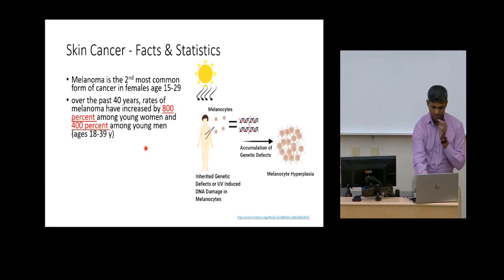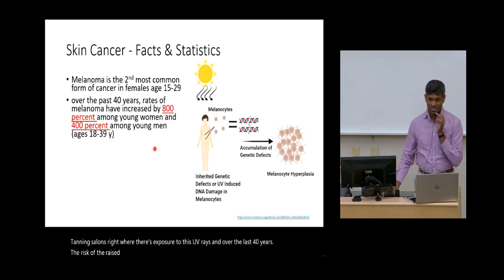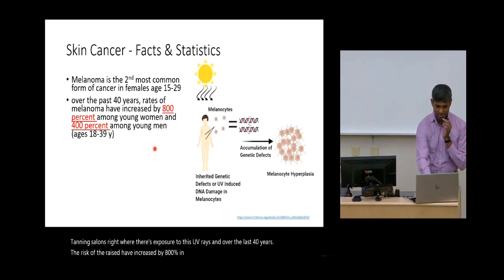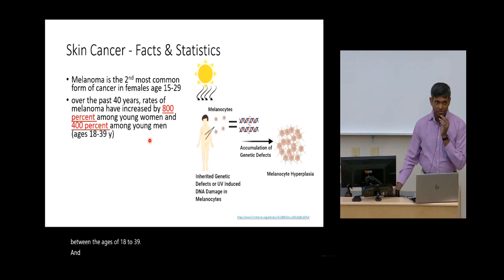And over the last 40 years, the rates of melanoma have increased by 800% in females and by 400% in young males, between the ages of 18 to 39. And again, this is all because of exposure to the sun and tanning salons. Yes?